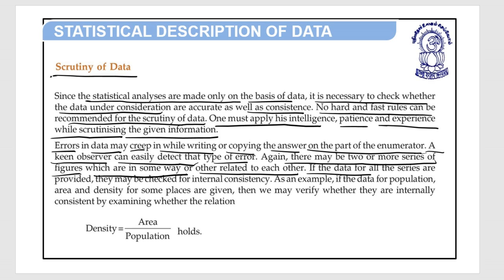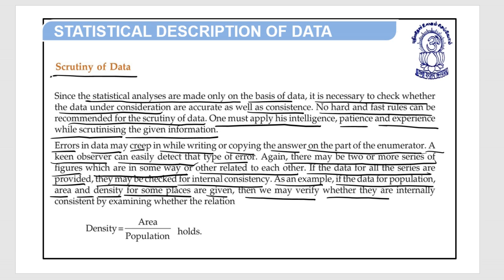If the data for all the series are provided, they may be checked for internal consistency. As an example, if the data for population, area and density for some places are given, then we may verify whether they are internally consistent by examining whether the relation density is equal to population by area holds.